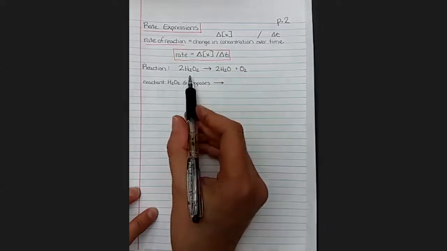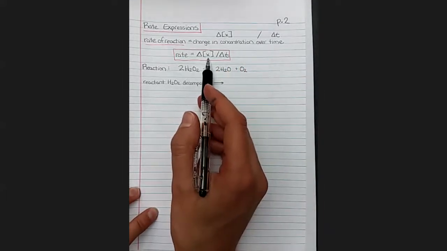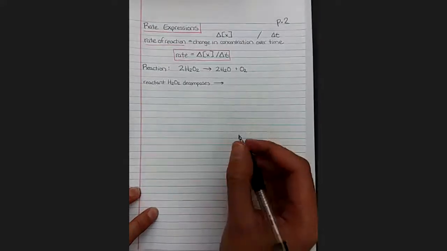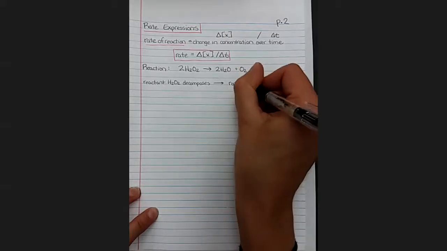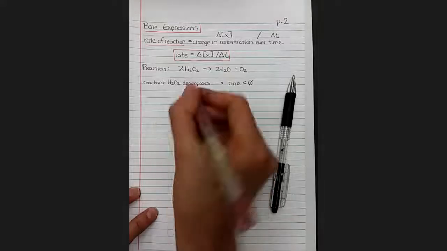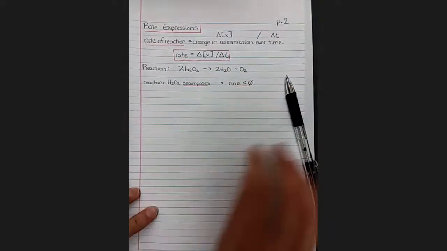And if something decomposes or goes away, its change in concentration is going to be negative. There's going to be less of it left after a certain amount of time than there was earlier in time. So the rate for these reactants, the rate of decomposition, those are going to be negative numbers. Decomposition rate is going to be negative.